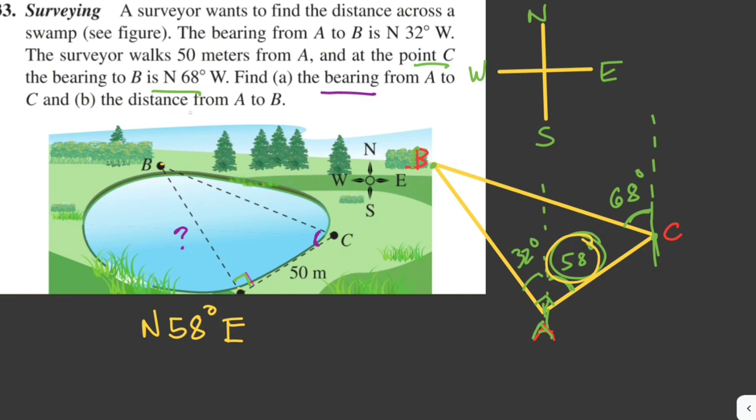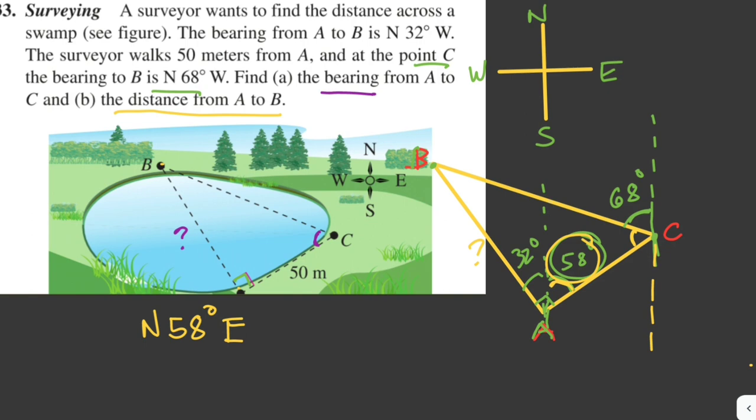Now, to find the distance from A to B, to answer the second question, we can use tangent functions, but first we need to find angle C. So we already got this angle here.